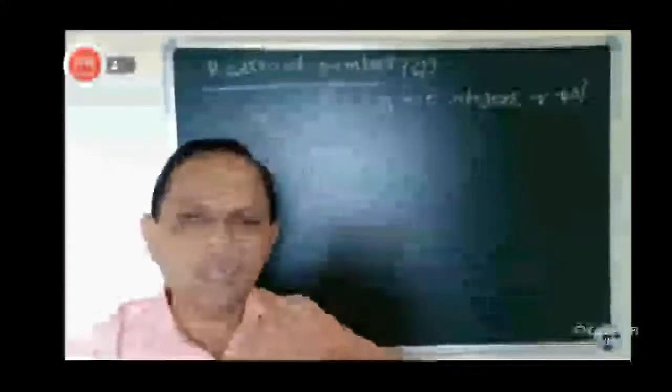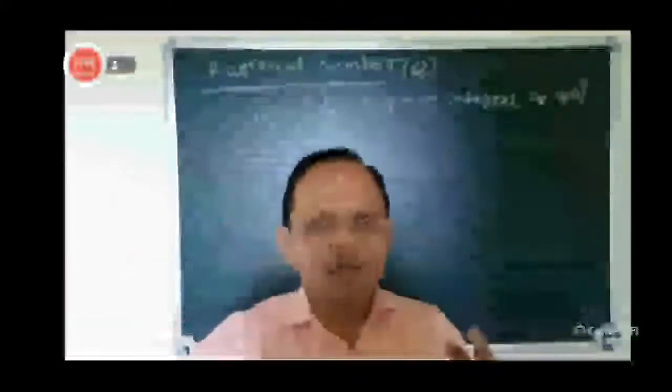The denominator is not equal to 0. Any number we can write in the form of P by Q is a rational number.